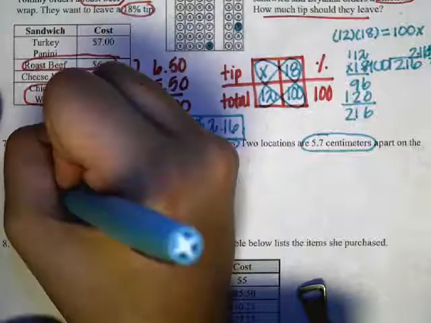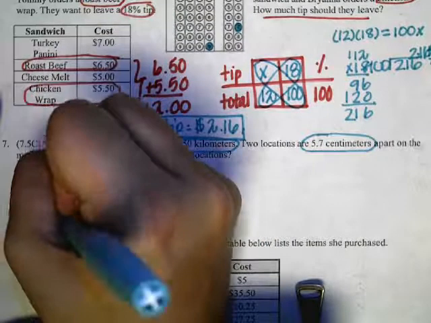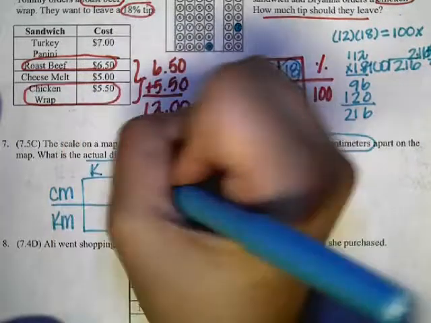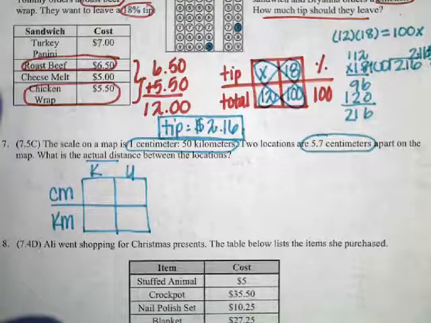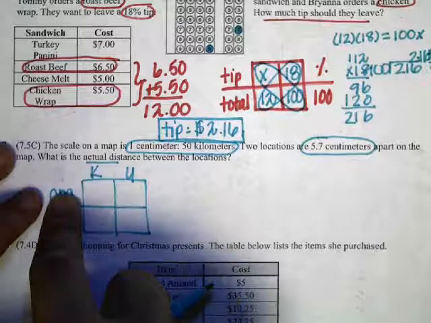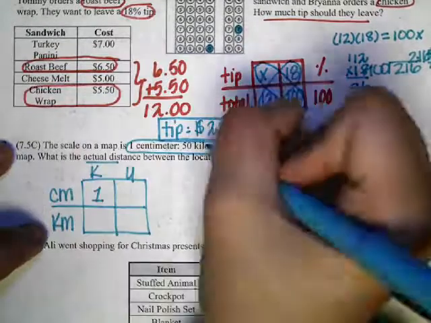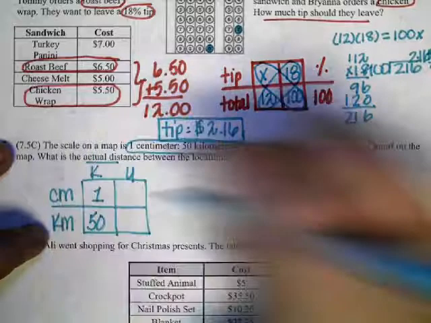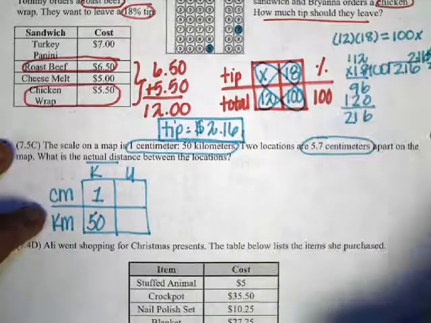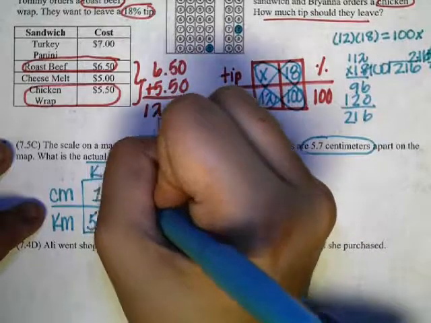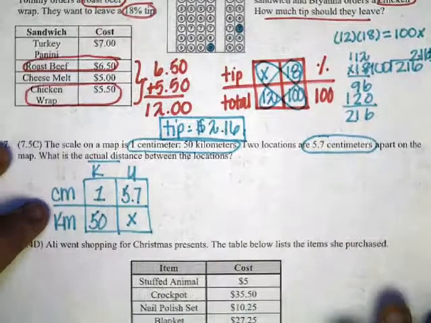We have centimeters and we have kilometers. We have our known and we have our unknown. So our known amount, we know that 1 centimeter equals 50 kilometers. We're looking for how many kilometers is 5.7 centimeters.